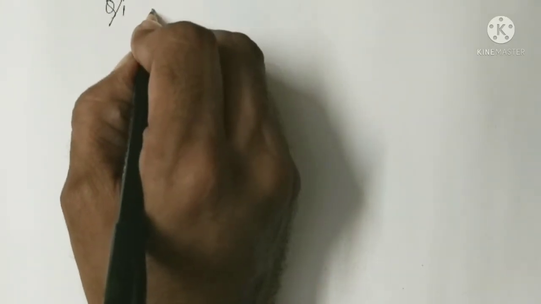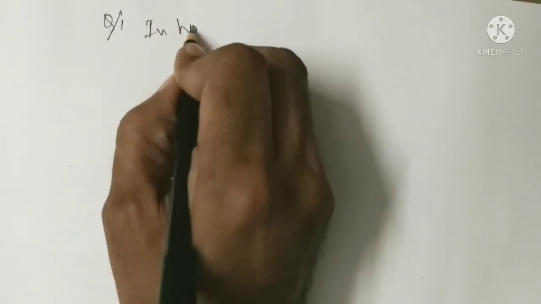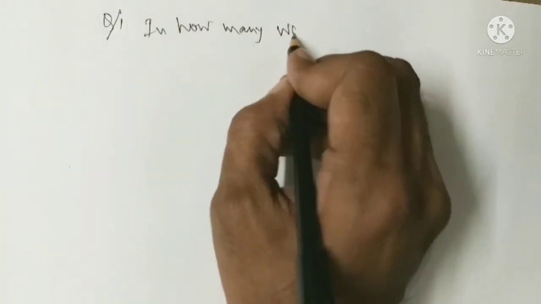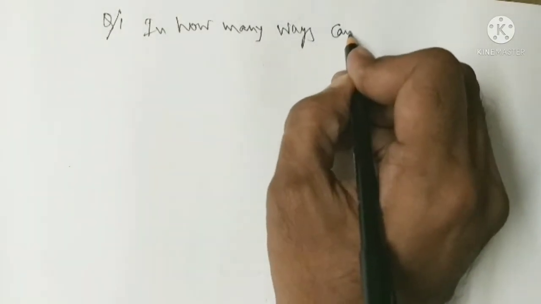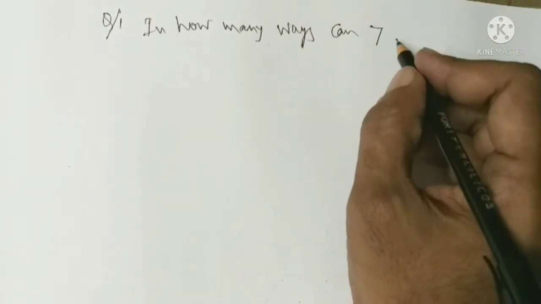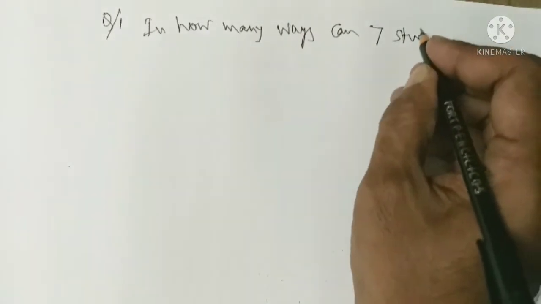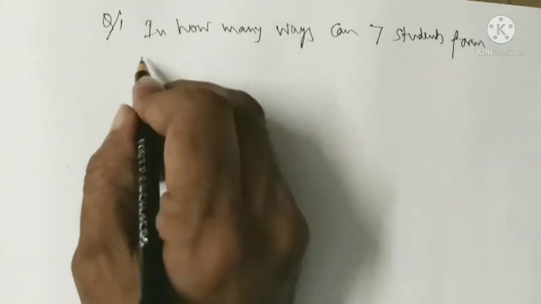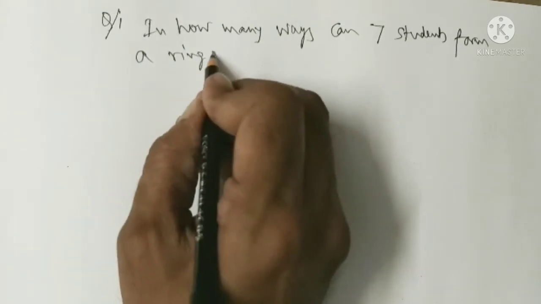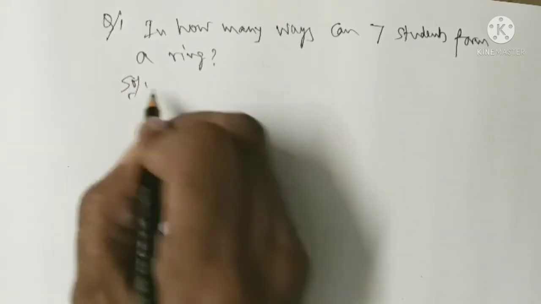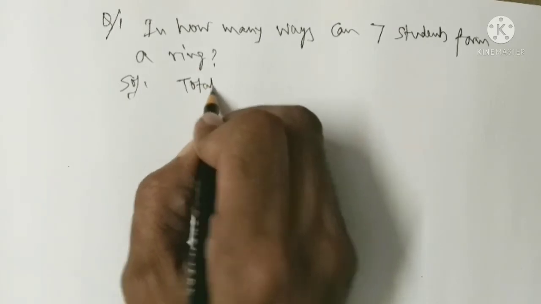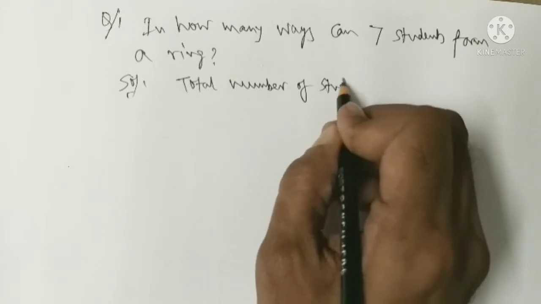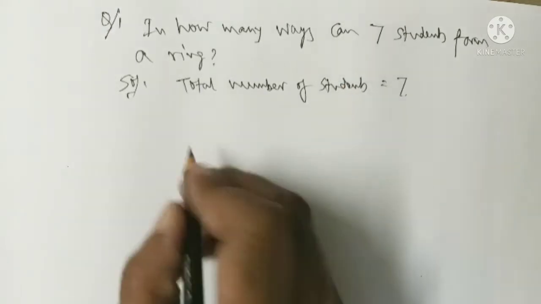Now the question number 1 is, in how many ways can 7 students form a ring? Total number of students equals 7.